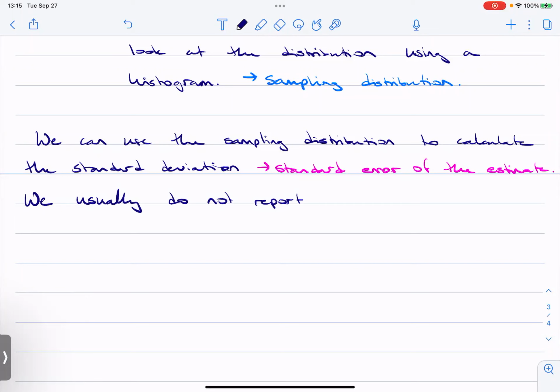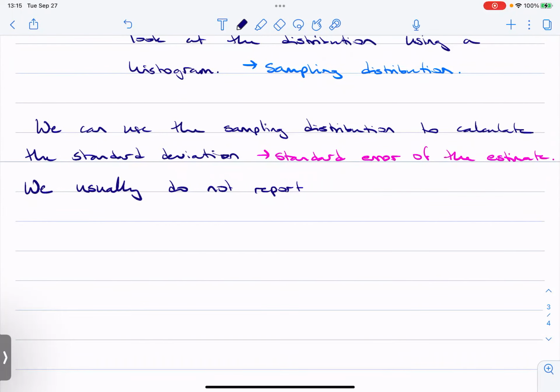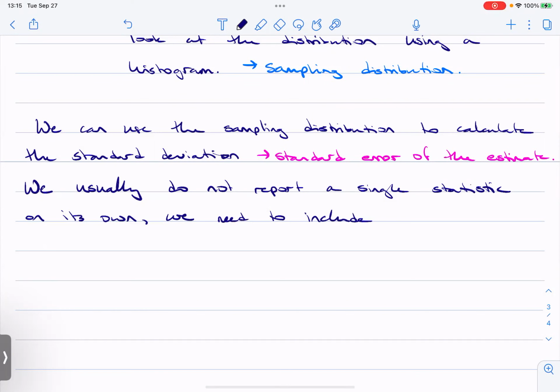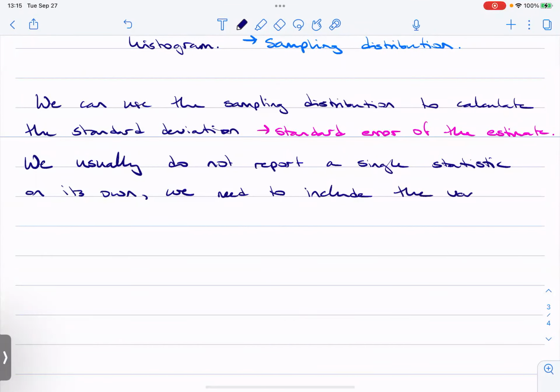We want to include the variability. We need to include the variability.